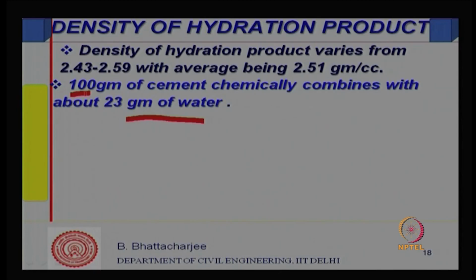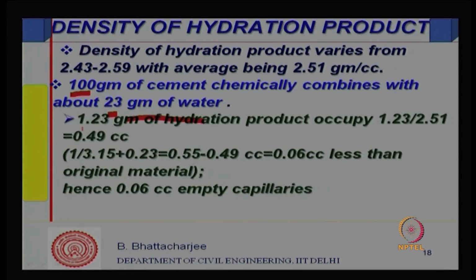So, 100 gram with 23 gram of water would produce 1.23 gram of hydration product, which can occupy 1.23 divided by 2.51, that is 0.49 cc, because this is grams per cc.